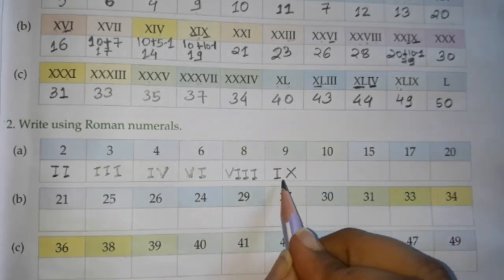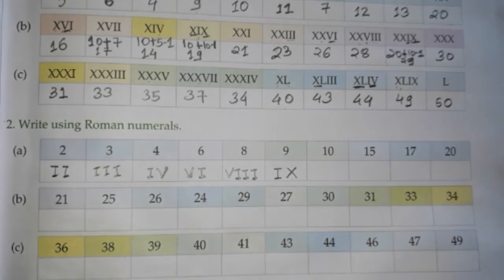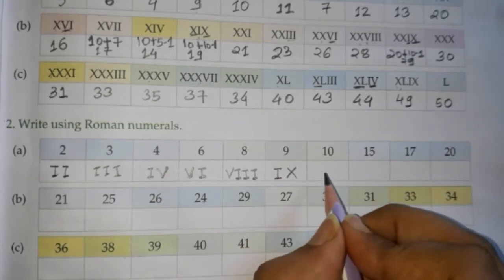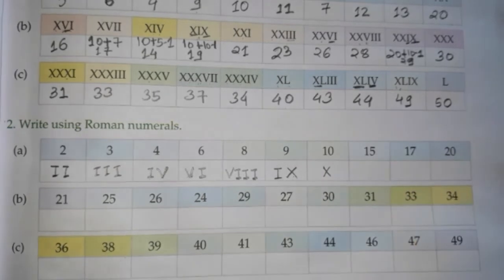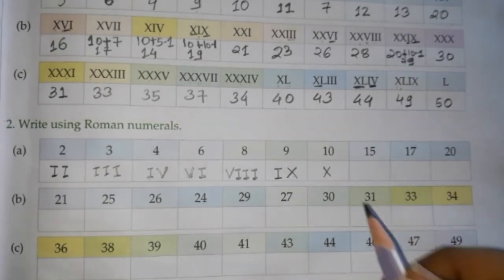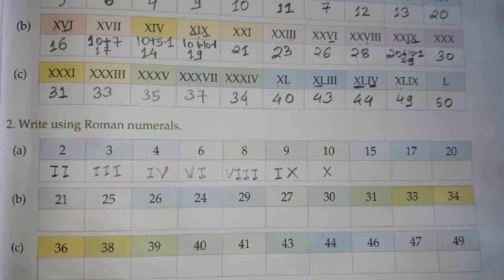I'm writing X and I'm writing I on its left, so it will get subtracted. 10 minus 1, that will be 9. X we already know. 10, we can use X for writing 10.